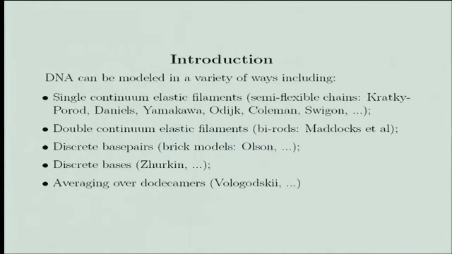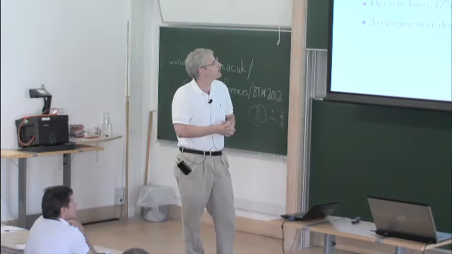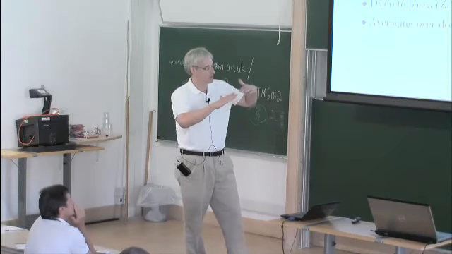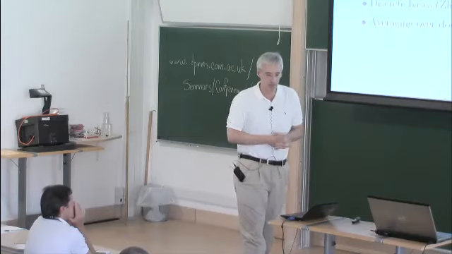So in terms of DNA modeling, there are many different kinds of models. The ones I'm most familiar with are those that overlap with the polymer physics literature, the semi-flexible chain models where you have an elastic filament subjected to Brownian motion. But of course, there are many other models. There's John Maddox's group and the BIROD. There are discrete base and discrete base pair models.